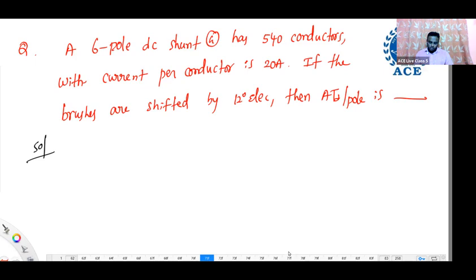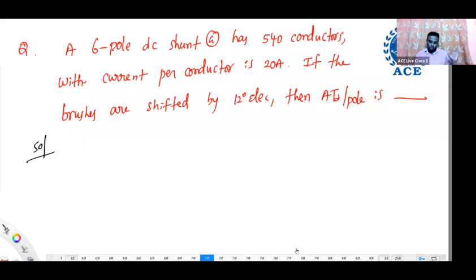See, no one is giving the correct answer. I think all of you are fetching for lap connection or wave connection. Not required in this question. No need of lap, no need of wave.